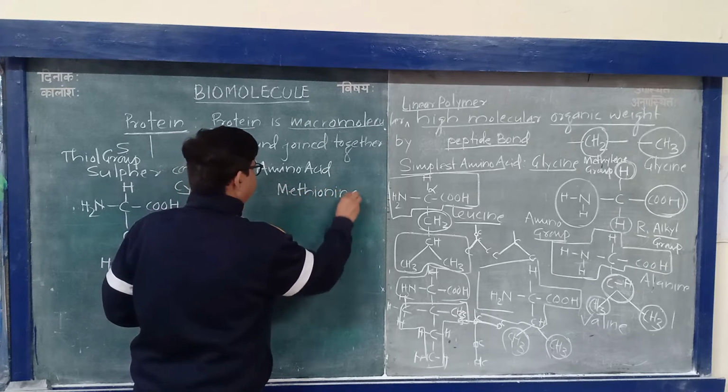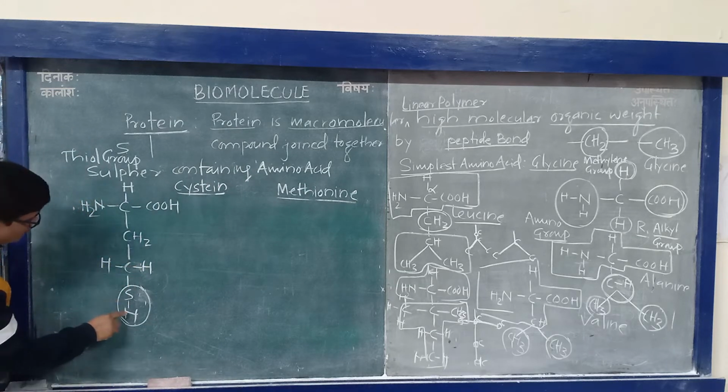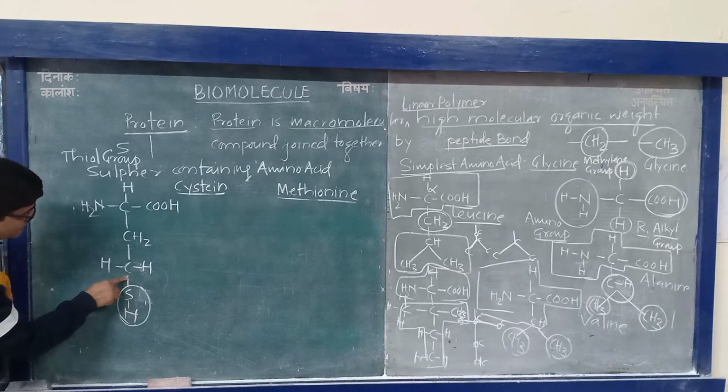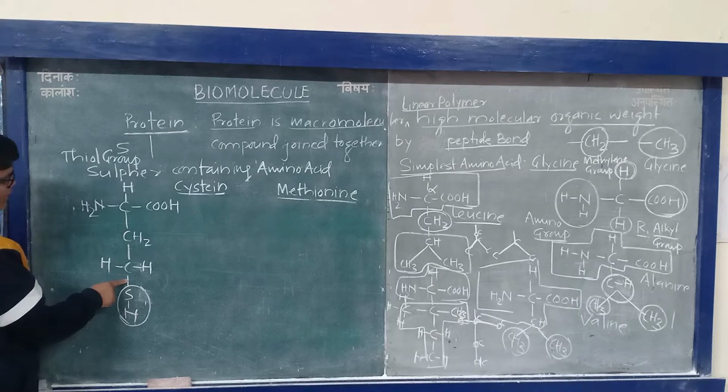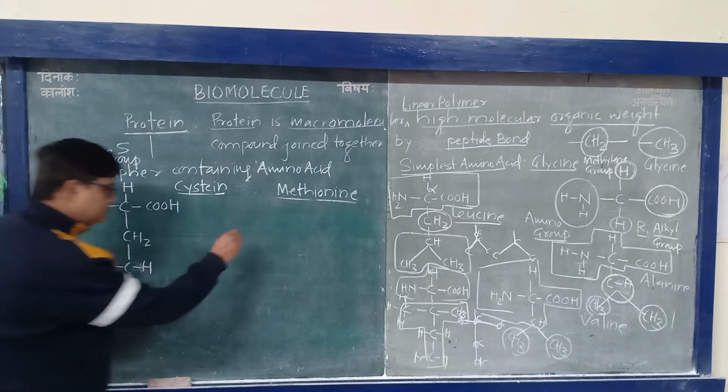Methionine. Okay. So what you have to do? Simply you have to add one CH3 group here and one carbon here, instead of hydrogen. So you have to add a methylene group here and a methyl group here. So draw like that.